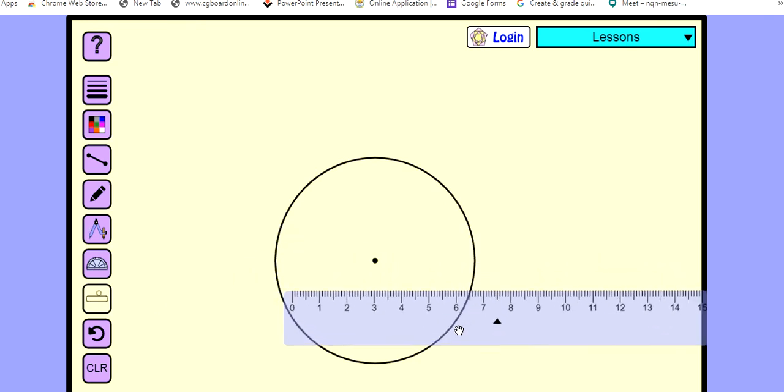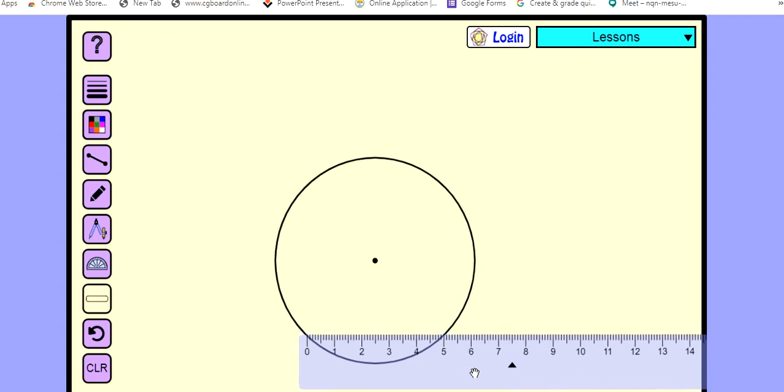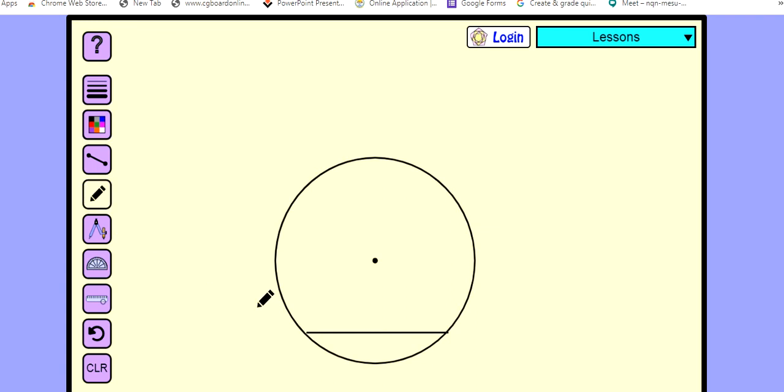So where we are getting AB? As you can see, we are getting AB here. Okay, so this is your chord AB. Now shade the minor segment.